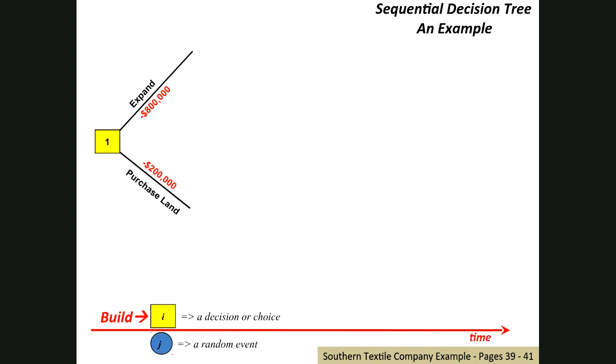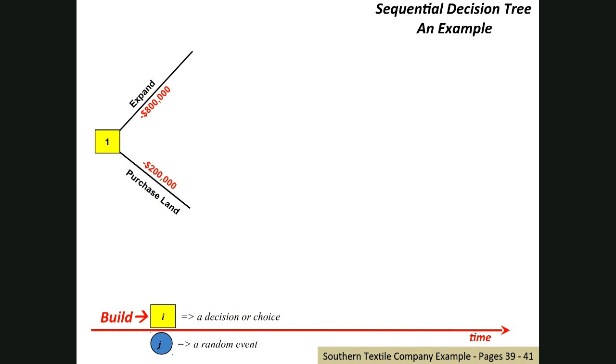All right, the first thing is we have a decision, and again, we're building from left to right in time. And the decision is either to expand our property and pay $800,000, or to purchase land and pay $200,000 for the land.